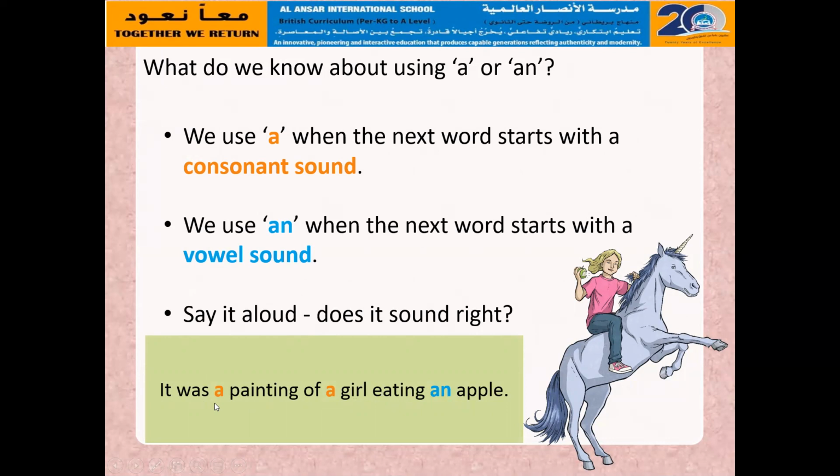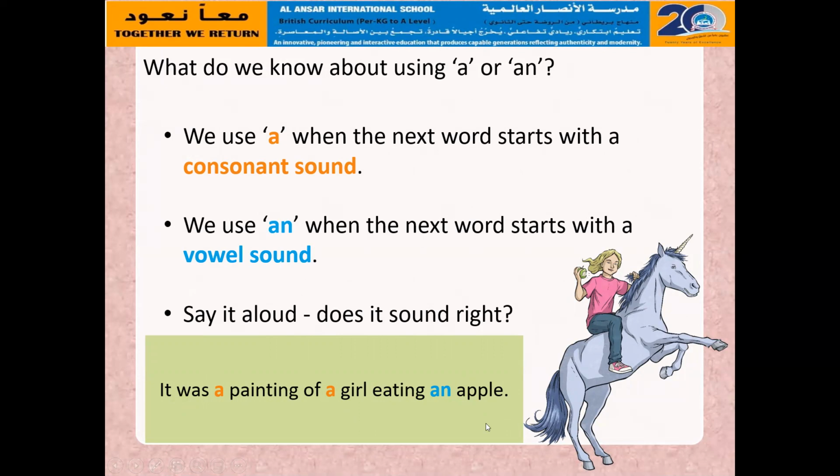We used a before painting because P is a consonant. We used a before girl because G is also a consonant. But we used an before apple because apple begins with a vowel.